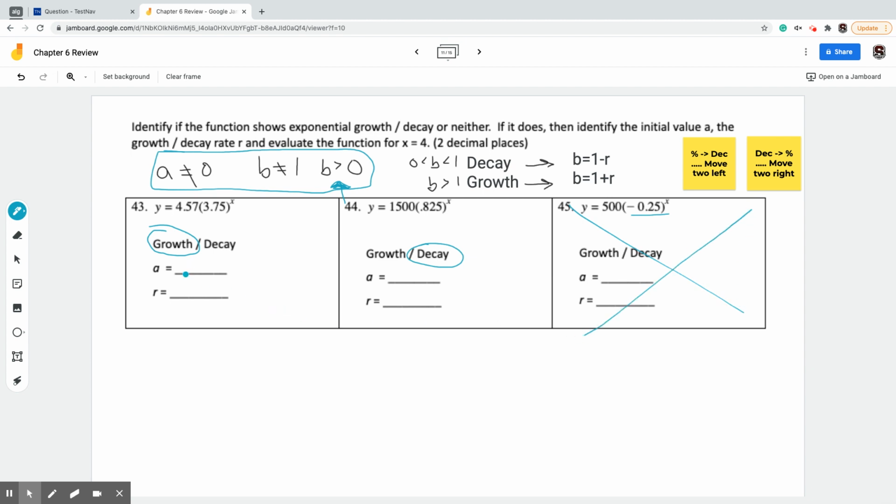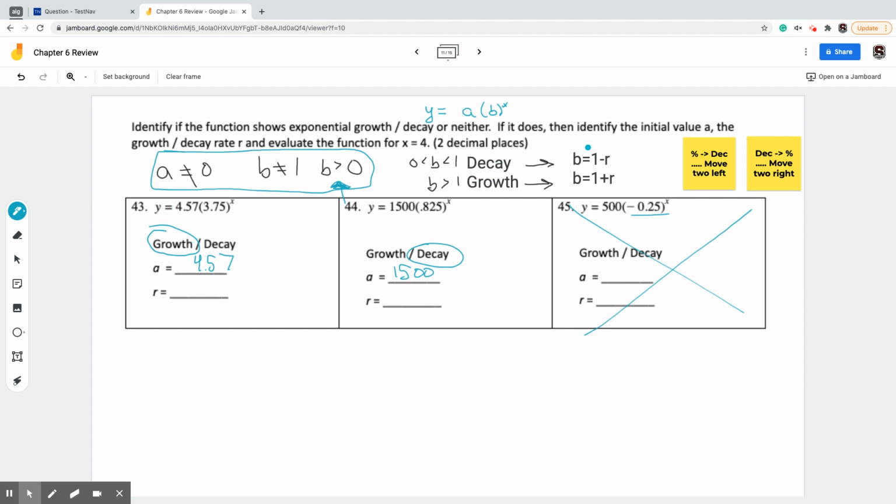Now, identifying your A is easy if you know your formula, y equals A times B to the X. Well, then A is whatever's in front. And then your R, well, we have to think about this a little bit.